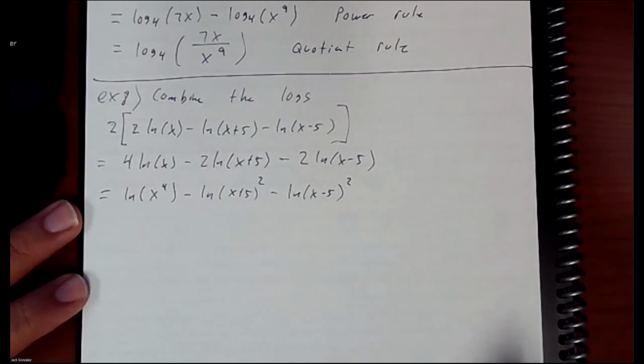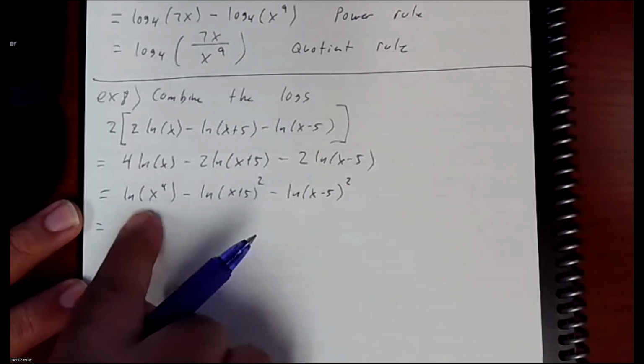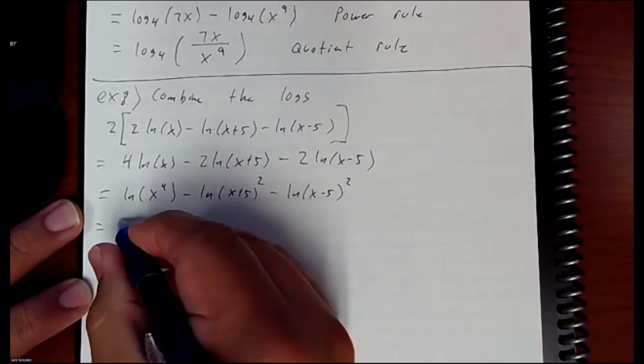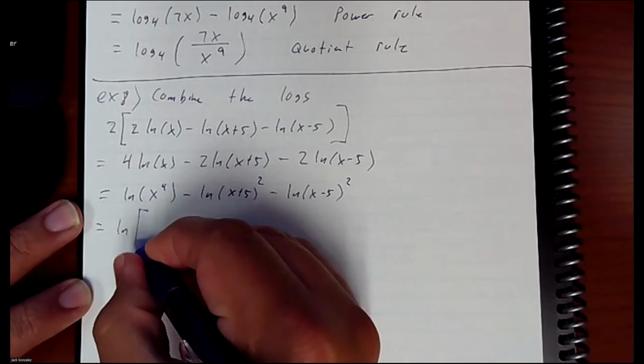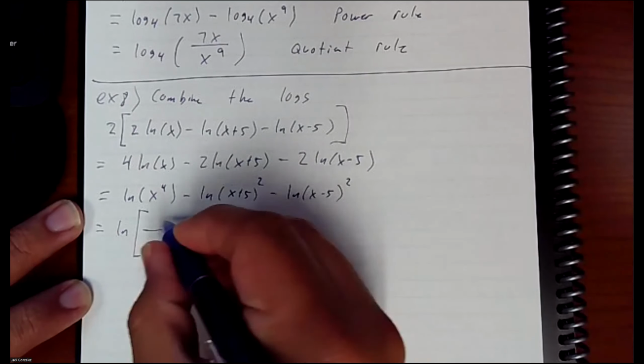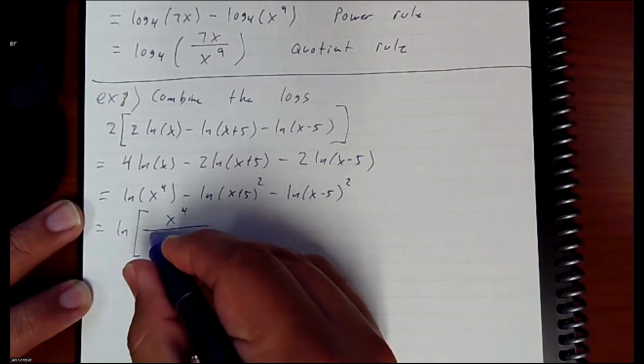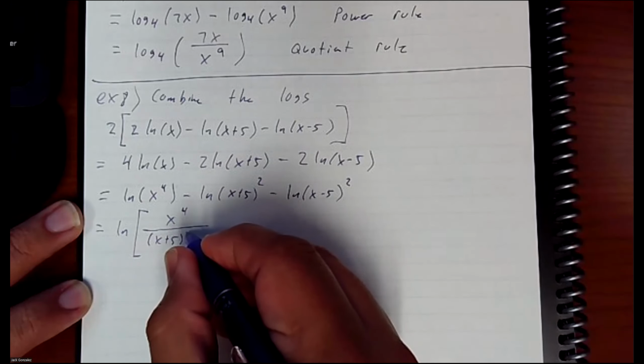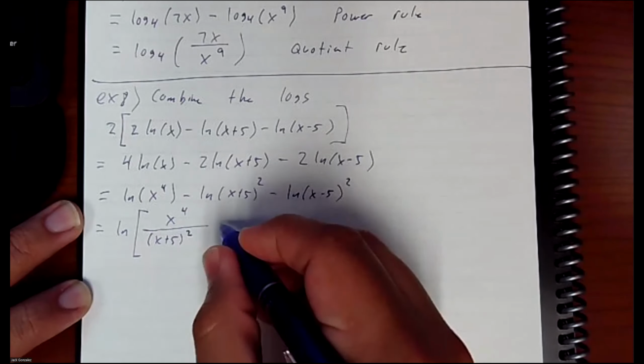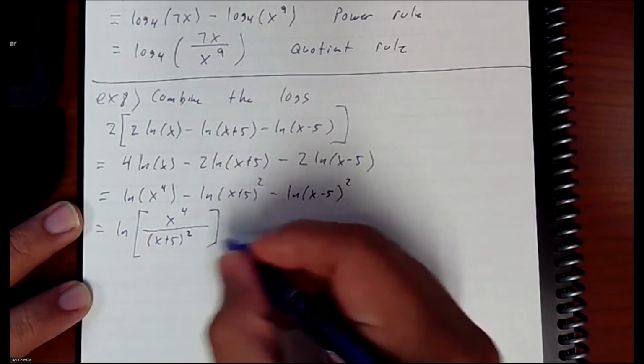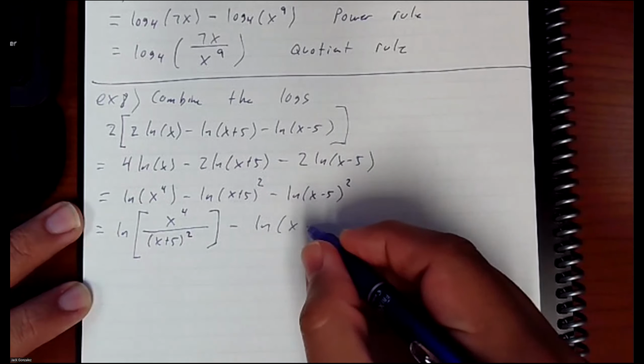So I recommend doing it 2 at a time, that way you won't make a mistake. So this minus that means this first part goes on top, this goes on the bottom. Minus this one, do the same thing.